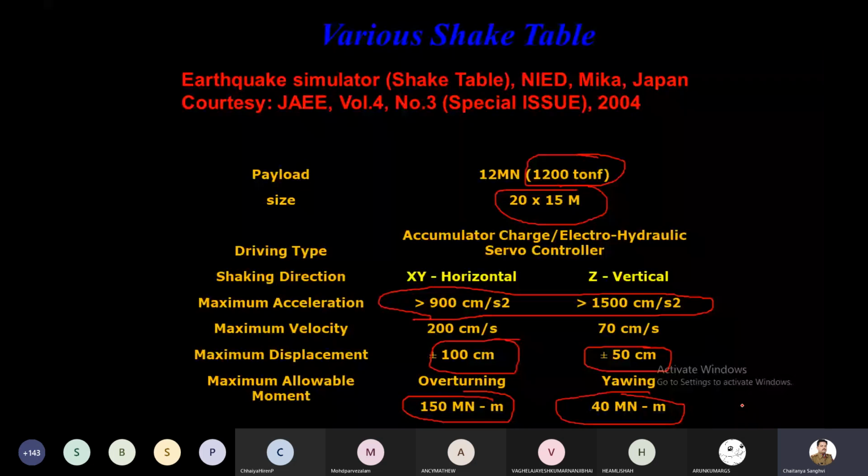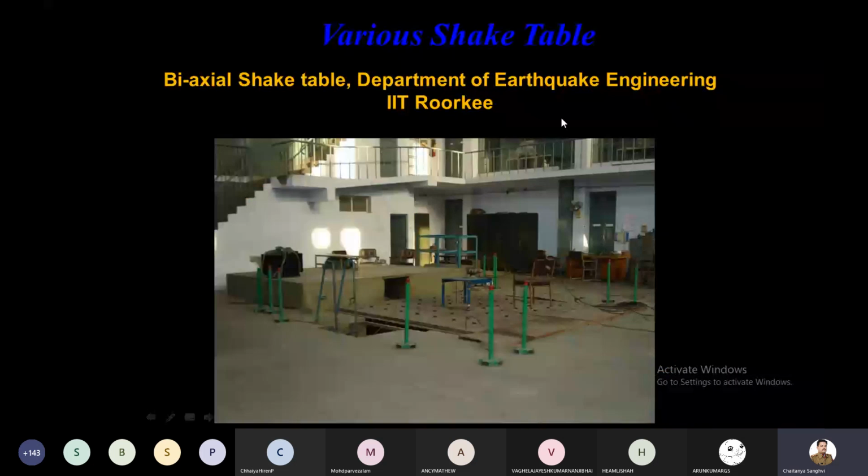Japan is considered to be the best as far as earthquake preparedness and earthquake testing are concerned. Japan has done extensive work in the area of earthquake engineering. As far as India is concerned, the oldest institute, IIT Roorkee, earlier University of Roorkee, has the Department of Earthquake Engineering, and they have a shake table, right?